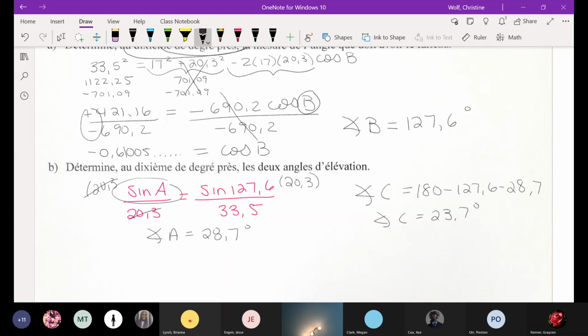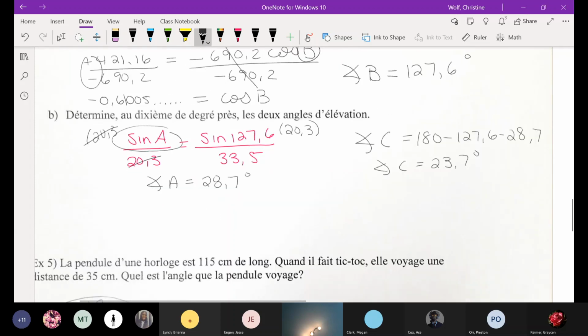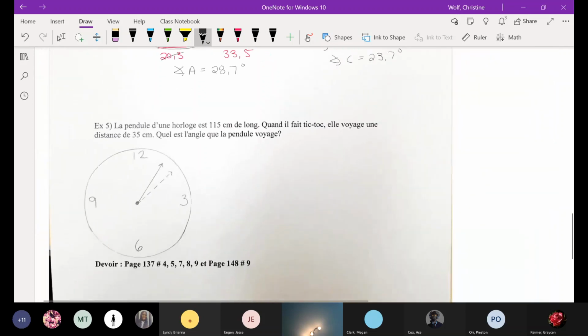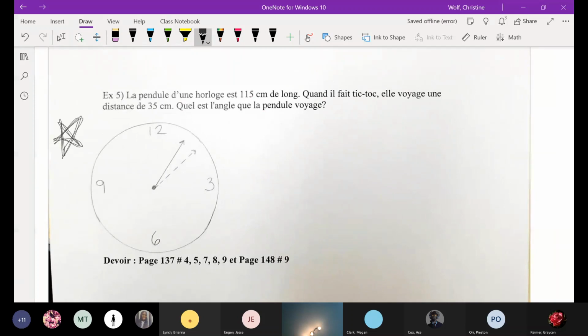OK. J'ai une autre question à faire et celui-ci, c'est assez vite. Okay? So, la pendule d'une horloge est 115 cm de long. So, that's this guy here. Okay?